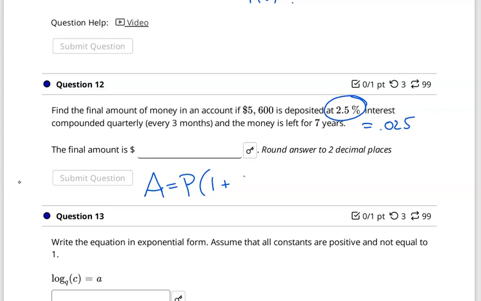Don't forget that. 0.025 divided by the number of times per year that I am compounding it, quarterly. So that means 4 times a year, to the power of how many times per year is compounded, 4 times the number of years, 7. So that's 28.